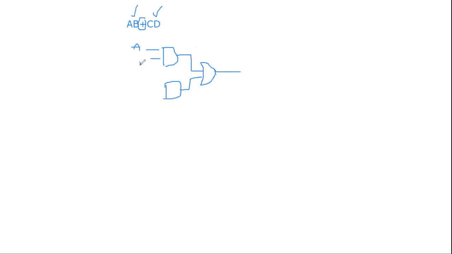AB, CD. So this is the circuit. What we have to do? We are designing this circuit using NAND. Remember, for NAND, put bubble set in output of AND gates and inputs of OR gates.